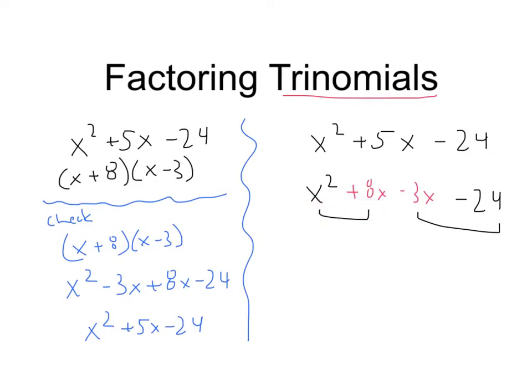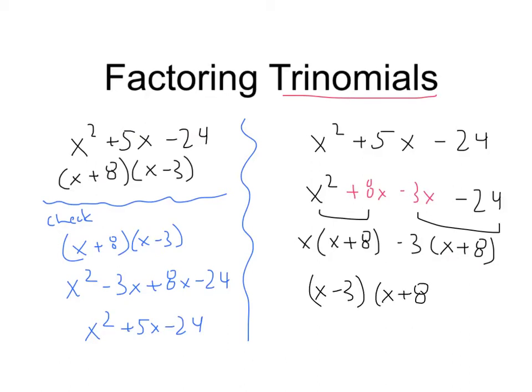The first two, I can factor as x times x plus 8. And back here, I can pull out a negative 3 times x plus 8. Now I have x groups of x plus 8 minus 3 groups of x plus 8, which is the same as x minus 3 groups of x plus 8, the final answer.